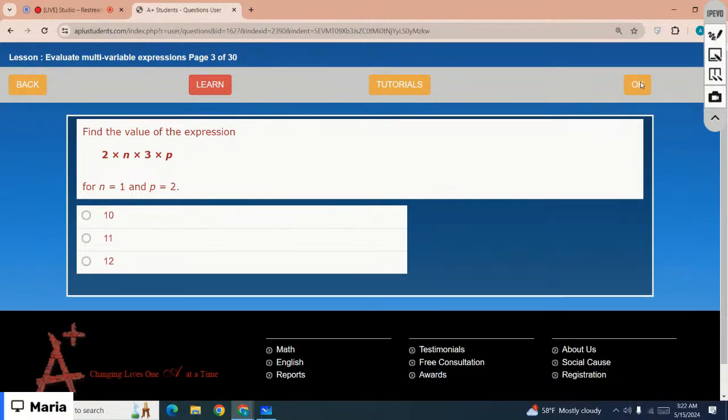Okay, the next one is 2 times n times 3 times p. So which is the correct option? You have to evaluate for n equals 1 and p equals 2. So which is the correct option?